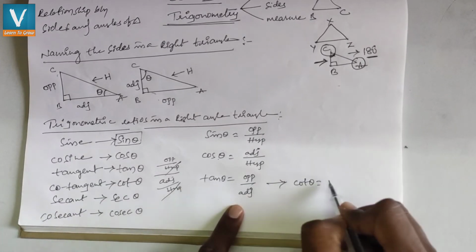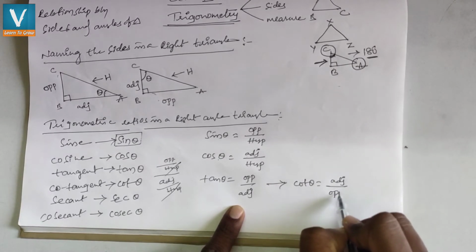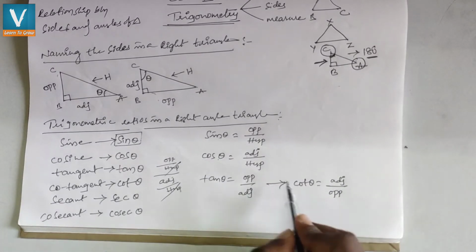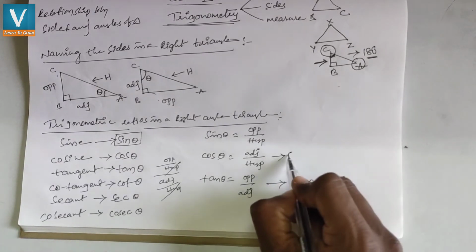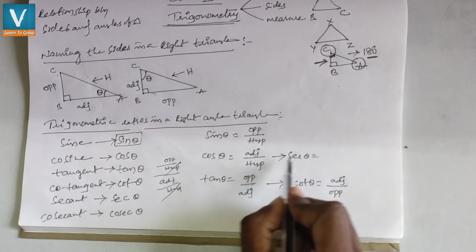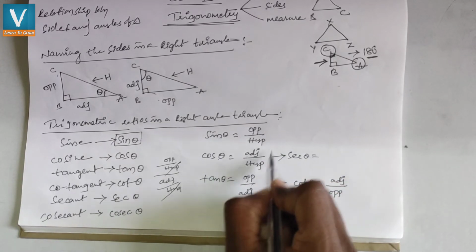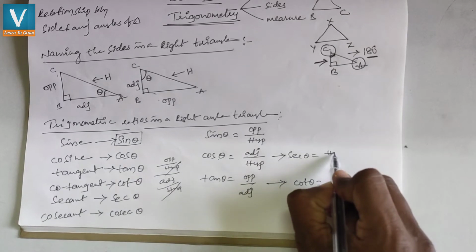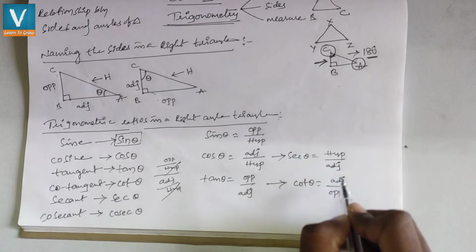So what can we write? This one is a reverse: adjacent by opposite side. Next, sec theta is known as the multiplicative inverse of cos, nothing but 1 by cos, the reciprocal: hypotenuse by adjacent.